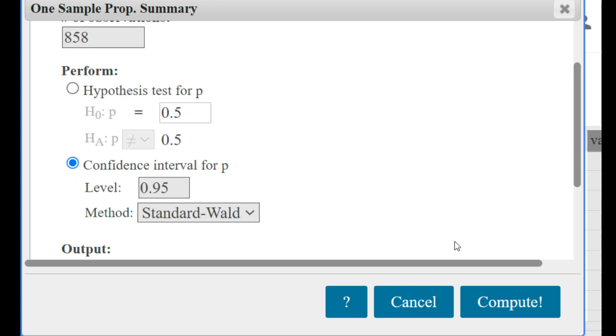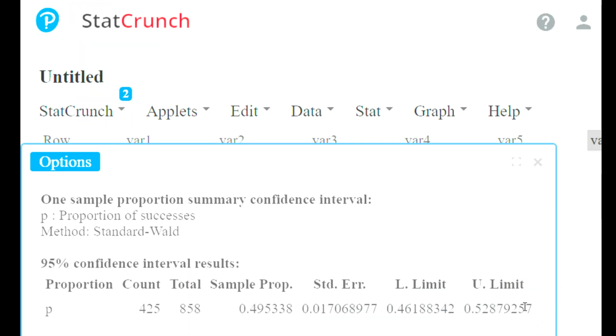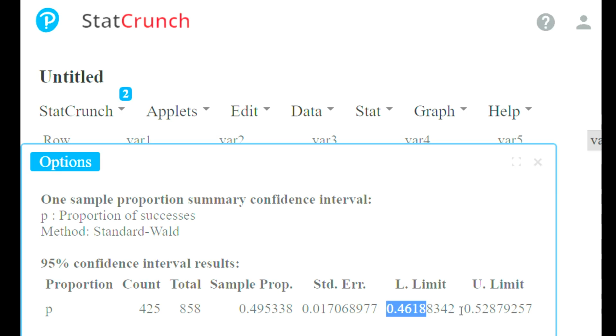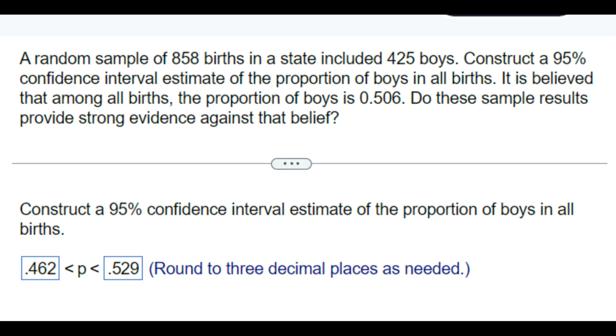So it's got everything it needs to find the limits of that confidence interval. And you can see here that it's getting 0.462 and 0.529. So that was what we got back here, 0.462 and 0.529.